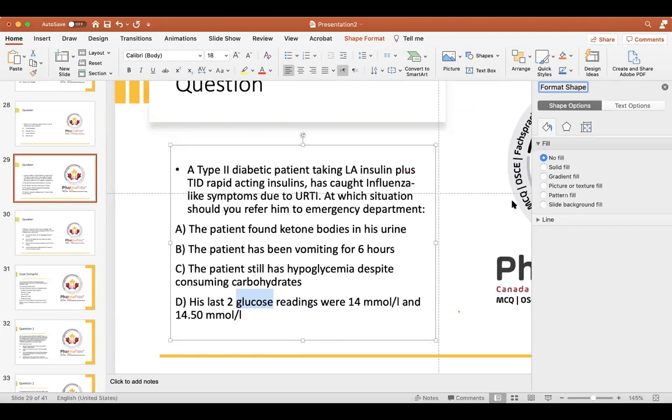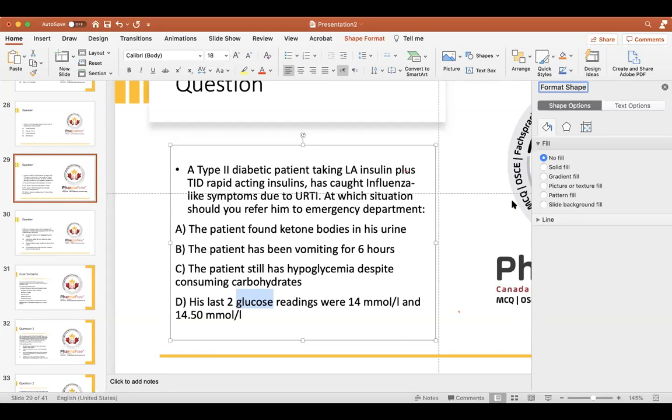When it's ketoacidosis. Diabetic ketoacidosis. Yes, dehydration, diabetic ketoacidosis, and persistent hypoglycemia with carbohydrates. This is the situations when you can refer him to the emergency department. When you ask him to call the doctor, when he got ketone bodies in his urine, ketone bodies in his urine doesn't mean diabetic ketoacidosis.